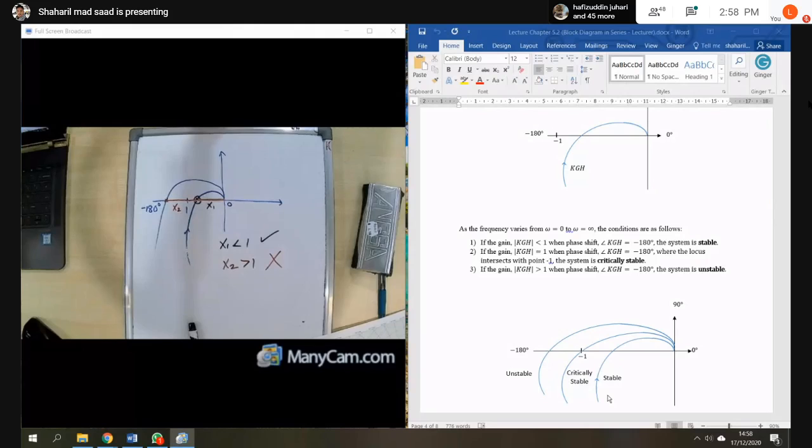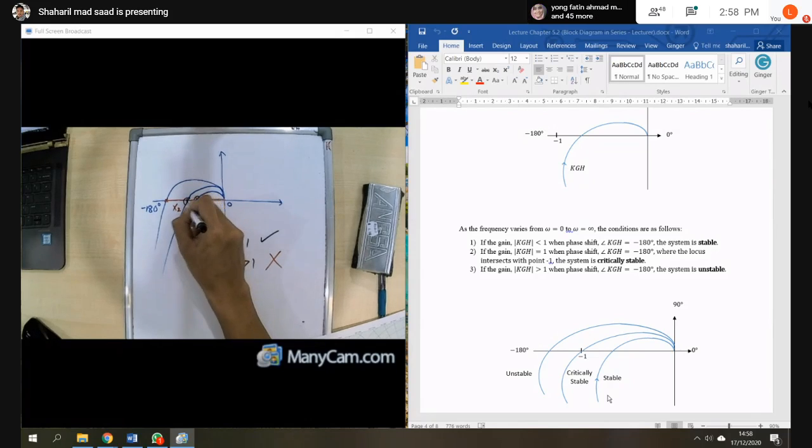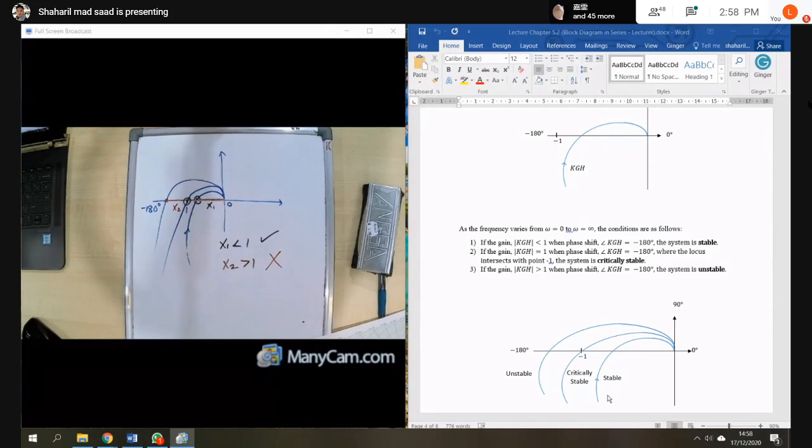And if your Nyquist diagram crosses at 1, we can say this one is marginally stable or critically stable. Can you see?